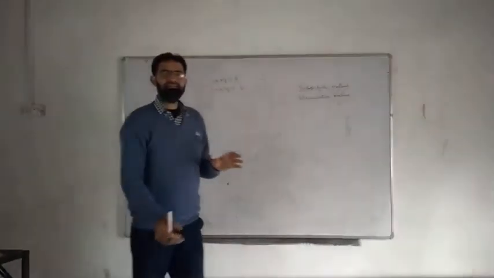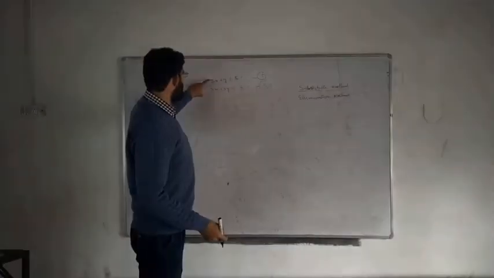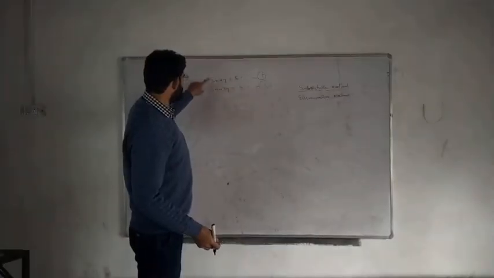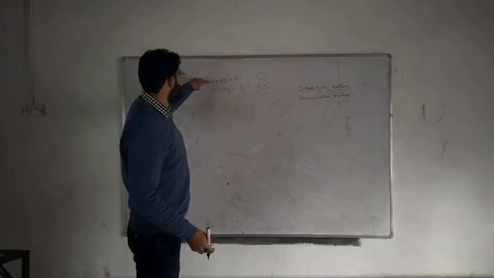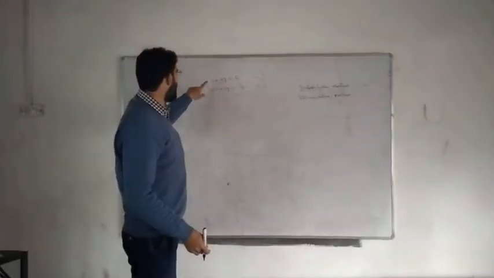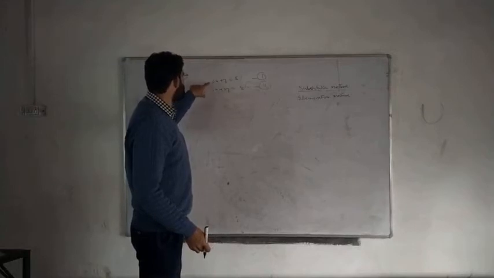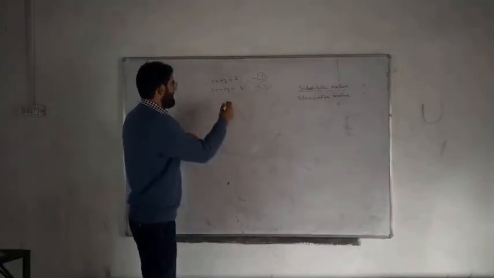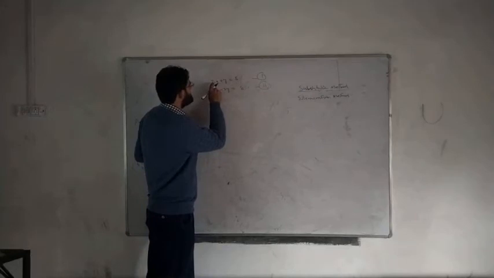And we know the elimination method. We multiply the second equation by the coefficient of x in the first equation, and the first equation by the coefficient of x in the second. What is the coefficient of x in the first? It is 2, and in the second it is 3.